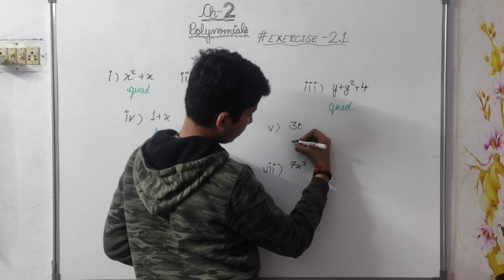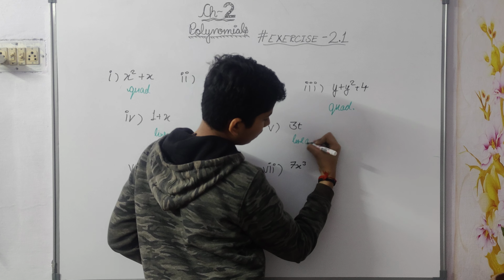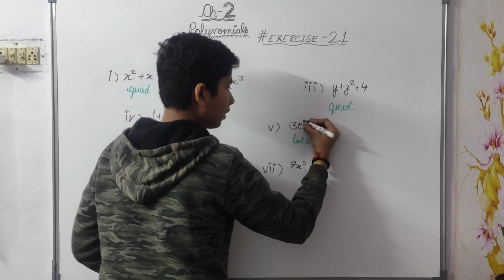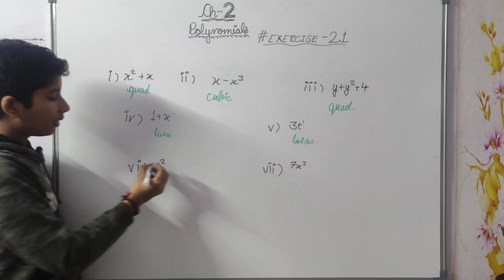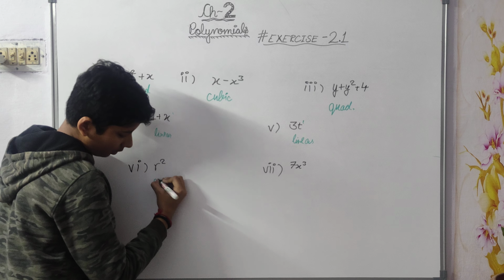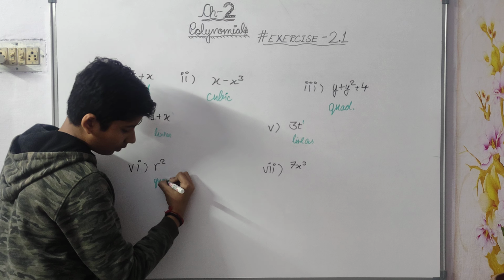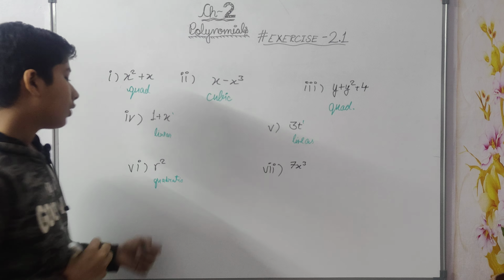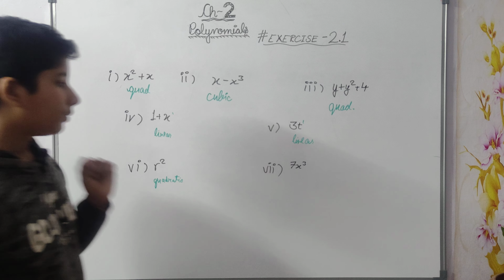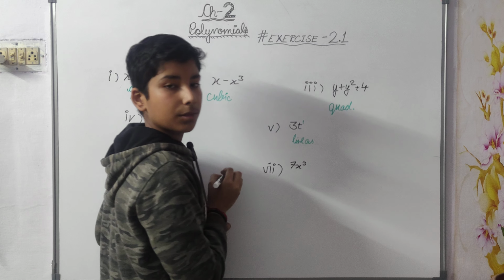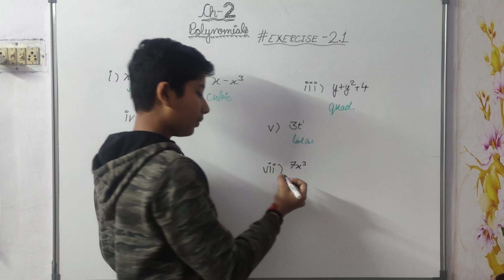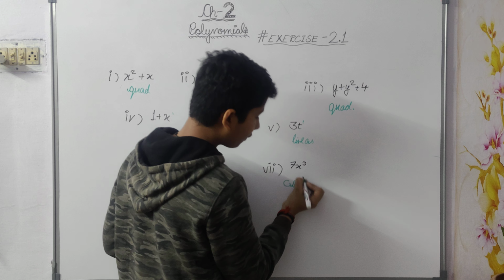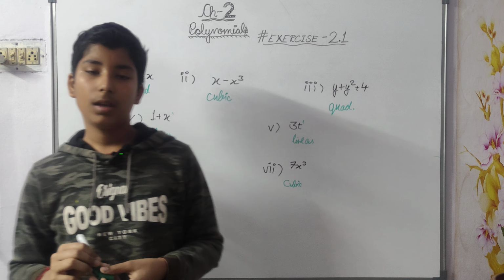This also linear. Why? Because these two have highest degree as 1. Now this one, this is quadratic, because highest degree is 2. And at last question of our video, it would be cubic. Cubic why? Because highest degree is 3.